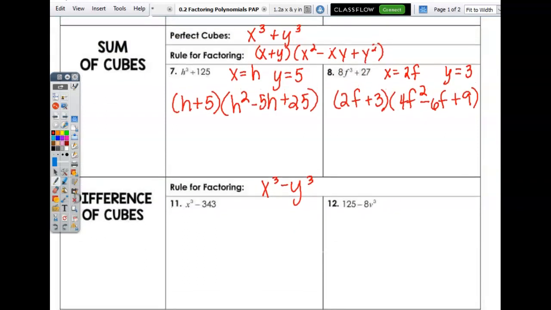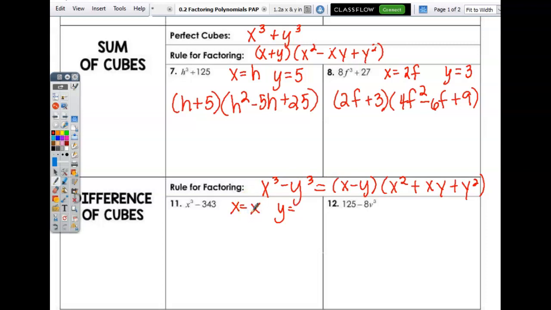So when there's a subtraction sign between, it's going to be almost the same, except I'm going to do x minus y times x squared plus xy plus y squared. So in this case, I need my x and my y. So x is x.